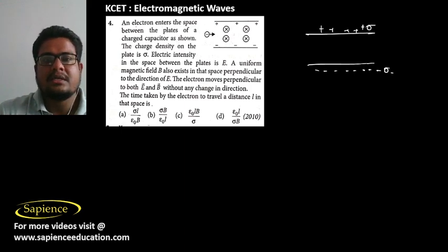One electron enters the region of the two plates. The electric intensity in the space between the plates is E.